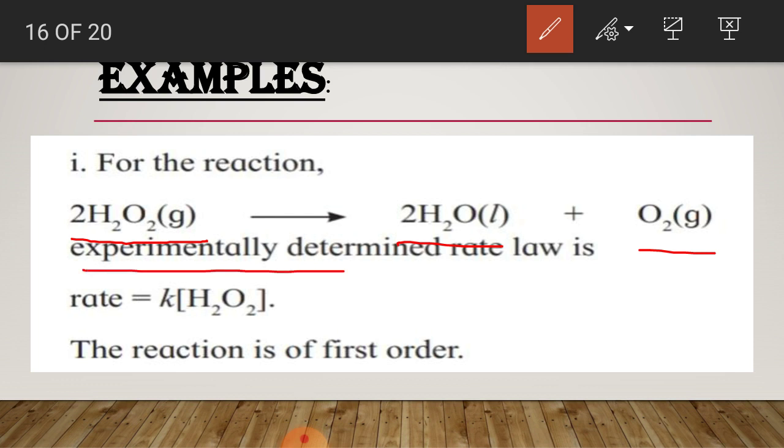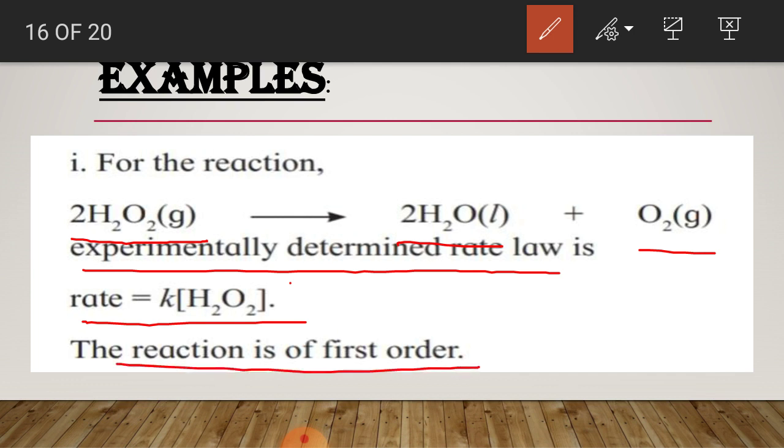Remember, the experimentally determined rate law for this reaction is rate equals K[H2O2]. Nothing has been raised over the concentration of hydrogen peroxide, which means the power is 1. So the rate of the reaction is first order.